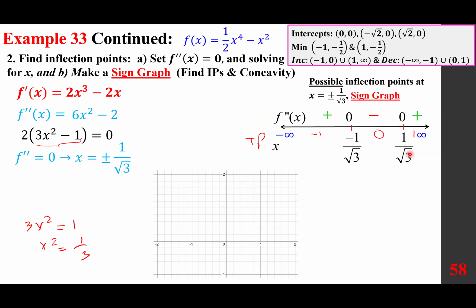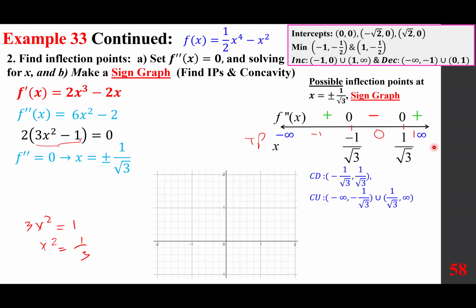Over here is concave up, over here is concave down, over here is concave up, meaning you're going to say concave down from negative 1 over square root of 3 to 1 over square root of 3, concave up from negative infinity to negative 1 over square root of 3 union 1 over square root of 3 to infinity.